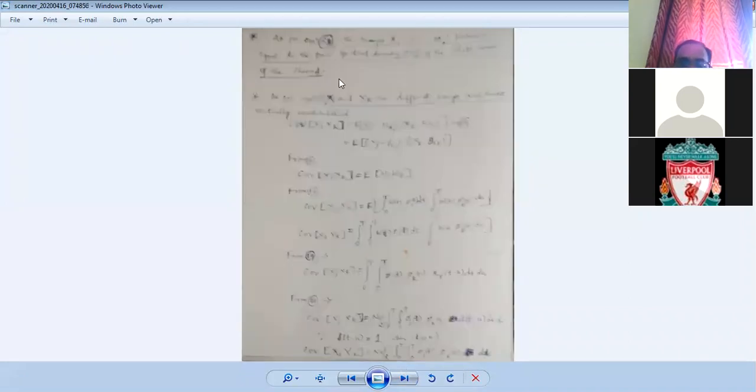Look back here, it is very clear. Psi j and psi k involve w j and w k, which means x of j and x of k. Here w j and w k are the noise terms with respect to x of j and x of k.